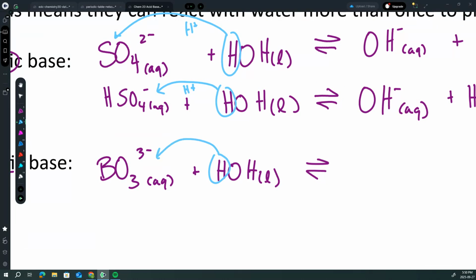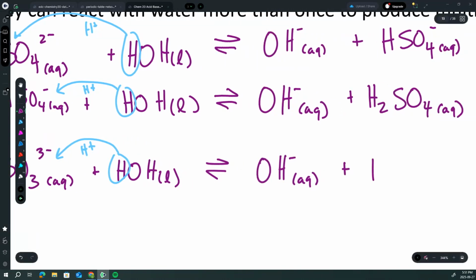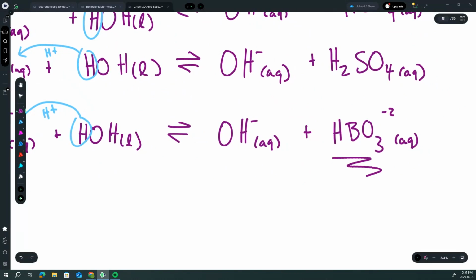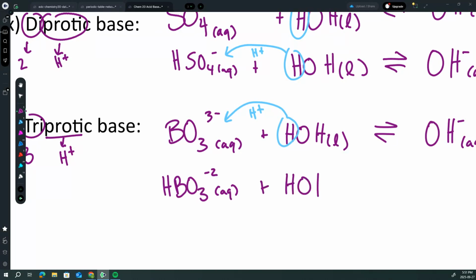And once again, we are only transferring one proton at a time. So then we have our hydroxide ion plus HBO3, and now our charge is going to be 2 minus. Now we're going to take this anion and keep on reacting it. So plus water, it's still a weak base because we still don't have hydroxide in here.